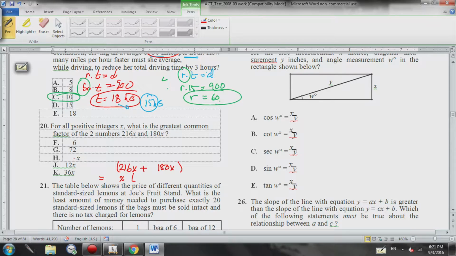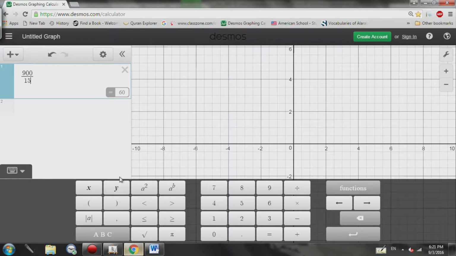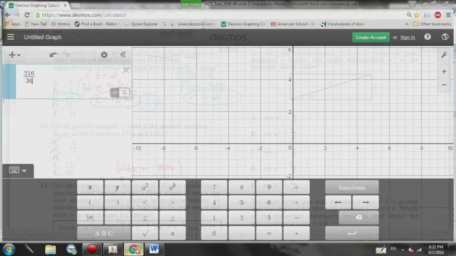Well, in this case, I would kind of cheat. These answers are out, right, because you can factor out a number. So the question is, does 36 go into both of these, or does 12? I'm just going to go for 36. Does 36 go into 216? Let's figure it out: 216 divided by 36. Yeah, it goes 6 times. That's a factor.